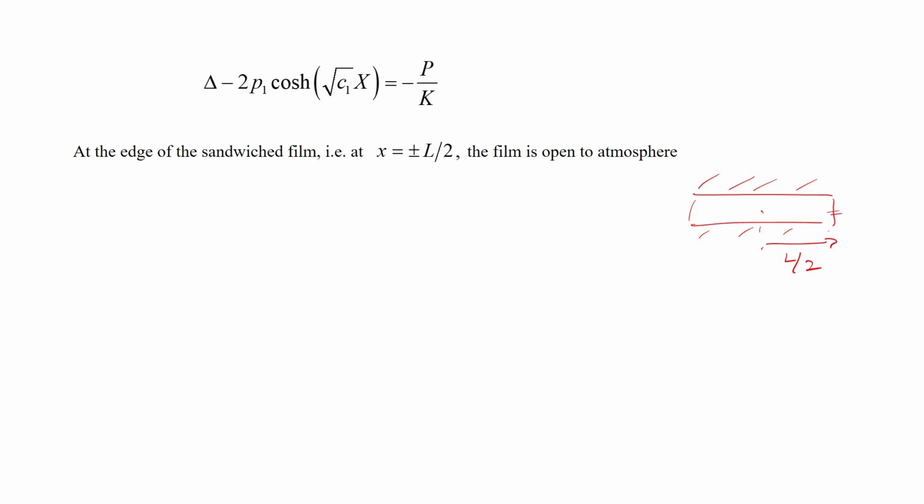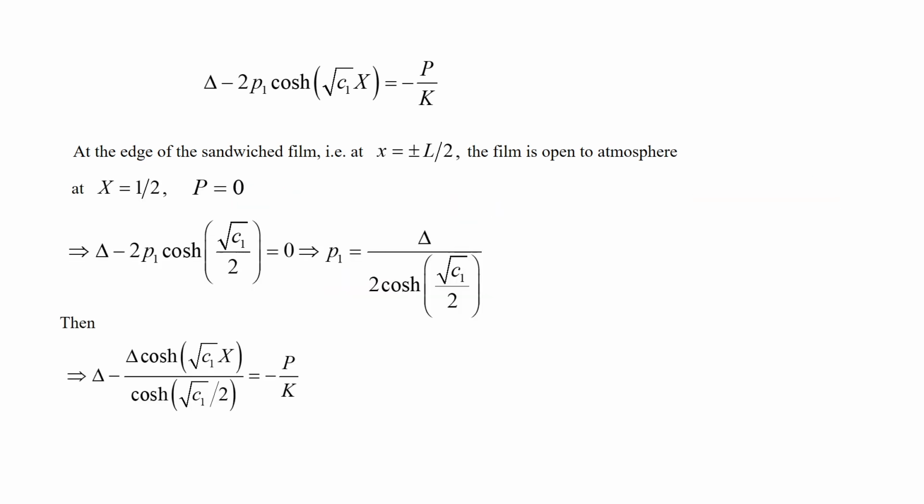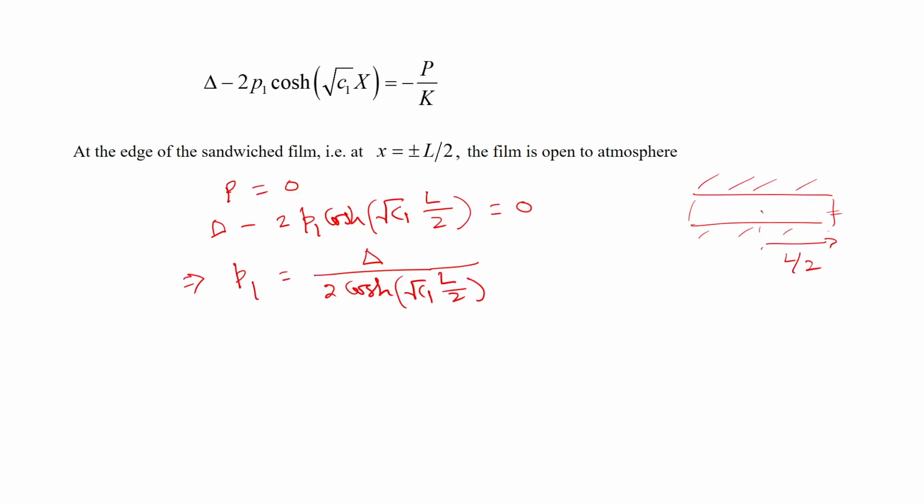Therefore, delta minus 2 P1 cosh of square root of C1 at plus L by 2 is equal to 0. So we obtain an expression for P1, which is delta by 2 cosh of square root of C1 into L by 2. This solution we can substitute in the expression over here.